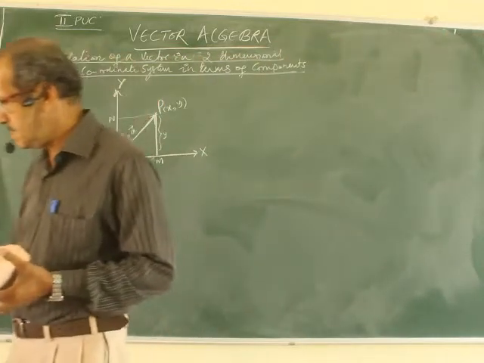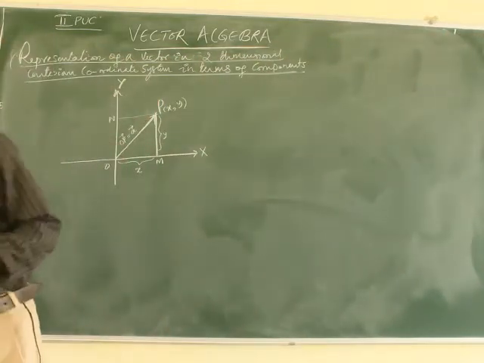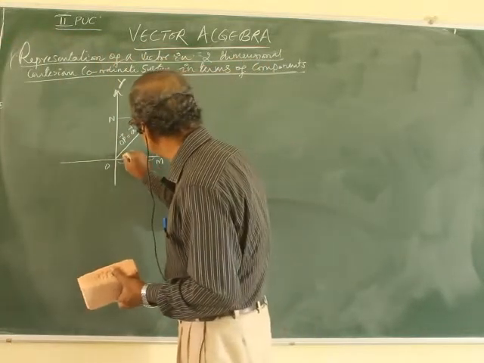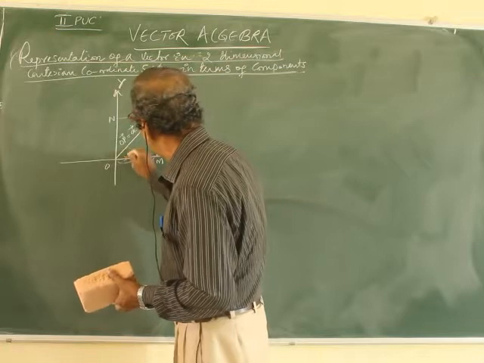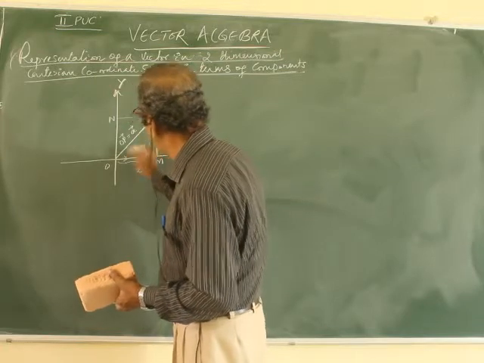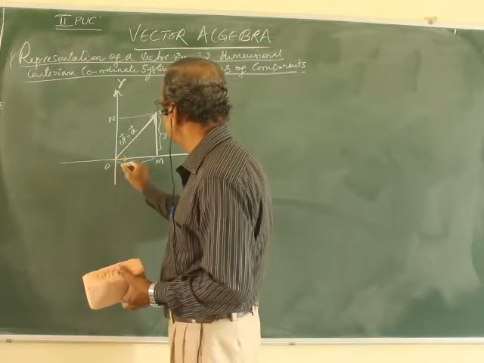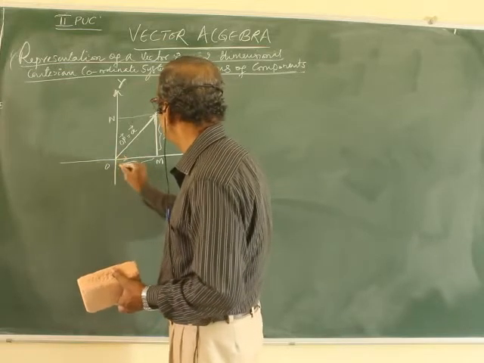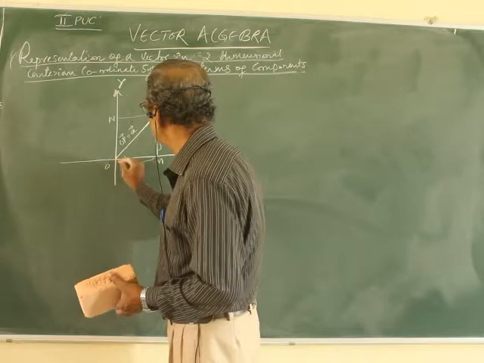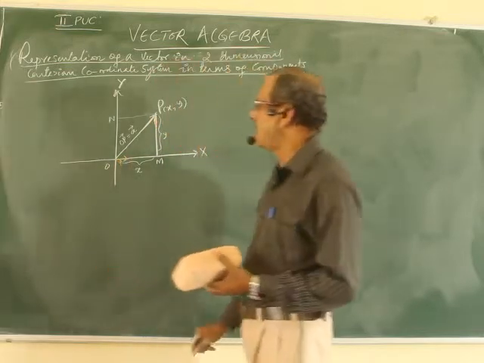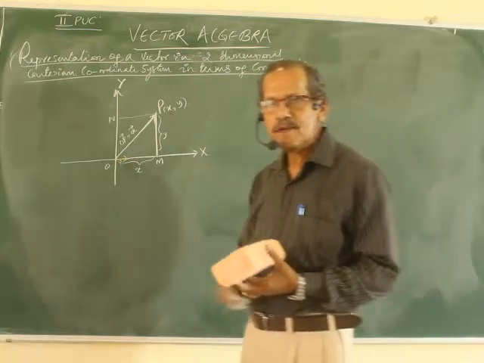Clear now? Now let me show you one particular vector here, very small vector, see this one. It is a very small vector in the direction of x-axis, but its length is 1, remember. So it is I cap.